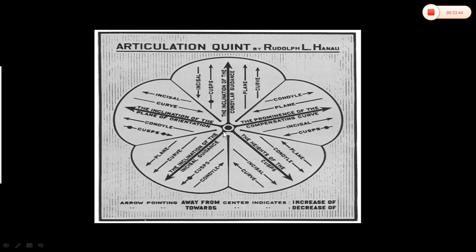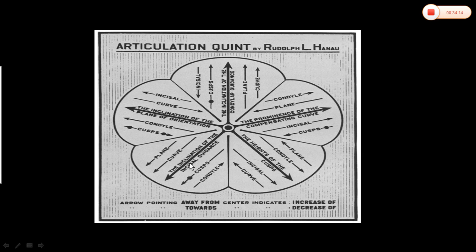If an arrow is going away from the center point, it indicates increasing. So if there is a steep condylar guidance angle, the occlusal plane has to be steeper, the compensating curve has to be steeper, the cusp angulation is more, but the incisal guidance should be low. In that way we have to read this diagram.